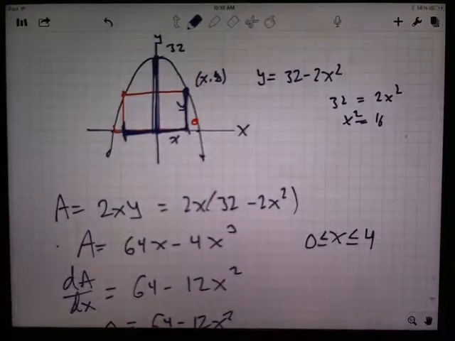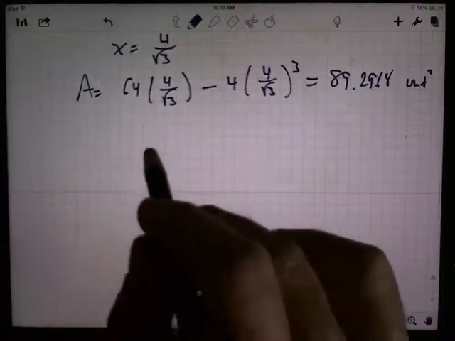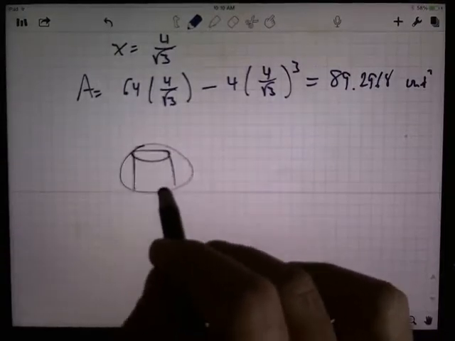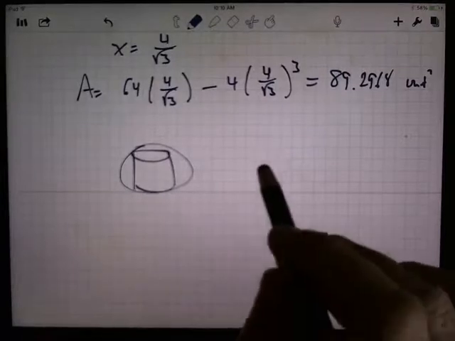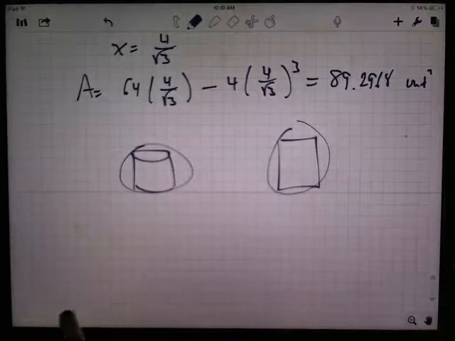There are various problems that you'll see as you work through the problems in the book where they inscribe, sometimes they'll do a sphere and you're inscribing a cylinder inside the sphere. Sometimes you're doing an ellipse and you're trying to put a rectangle inside an ellipse. I mean, there's all different sorts of variations.